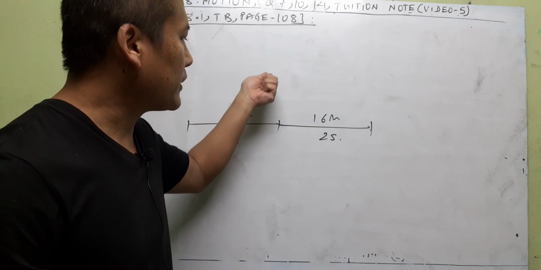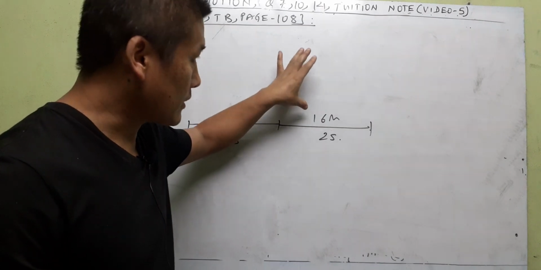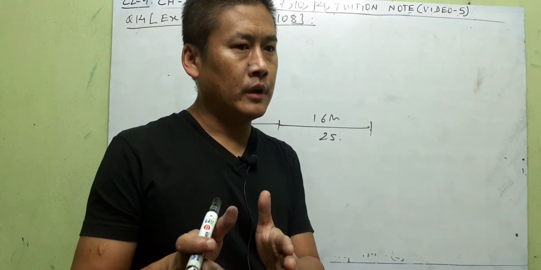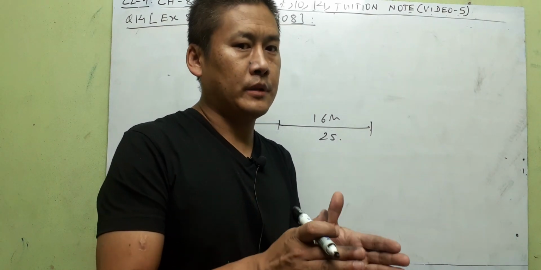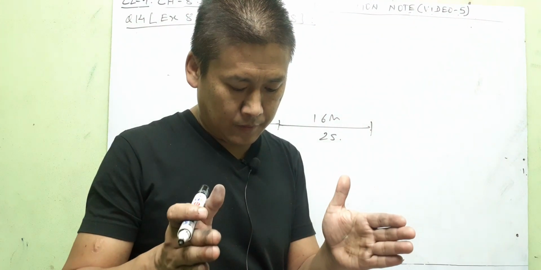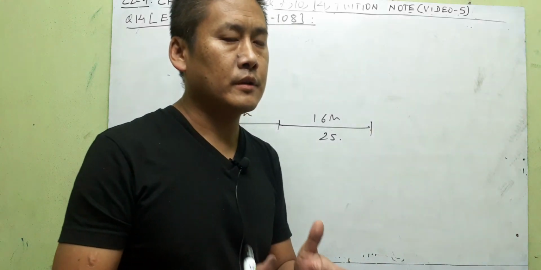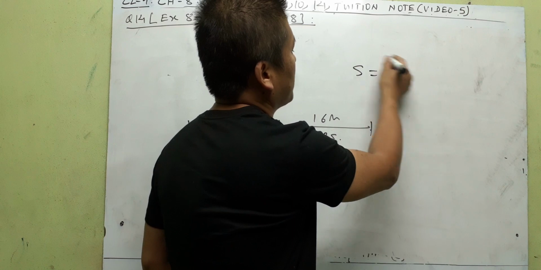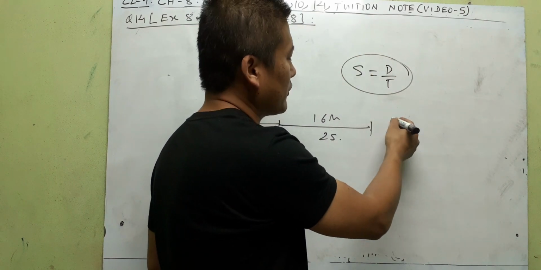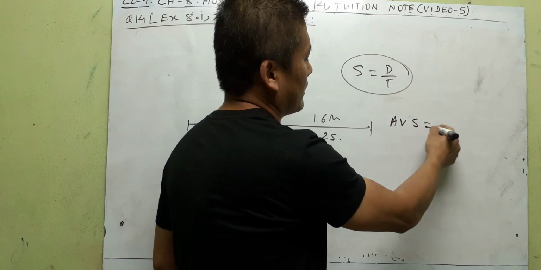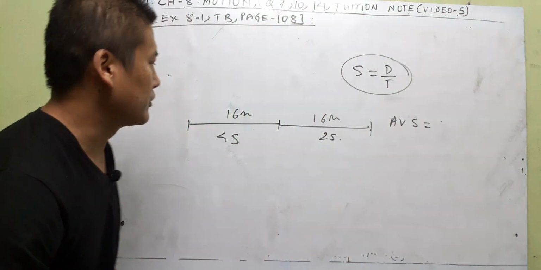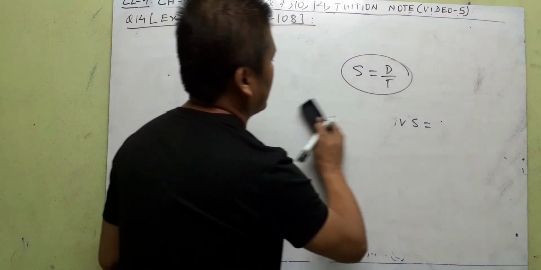So the object is traveling in non-uniform motion. We learned in our previous class that for non-uniform motion, we calculate average speed and not speed. Speed is equal to distance by time is for uniform motion. But for non-uniform motion, average speed is equal to total distance traveled by total time taken. So we're going to use that formula for average speed here.